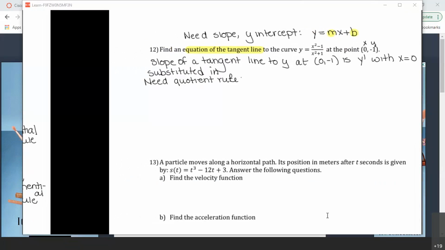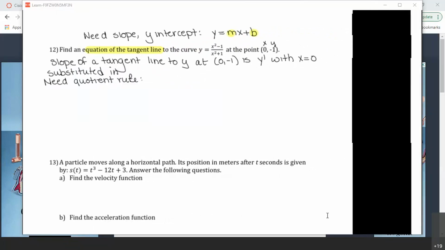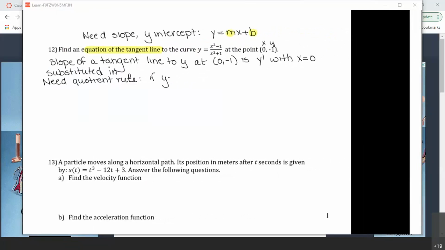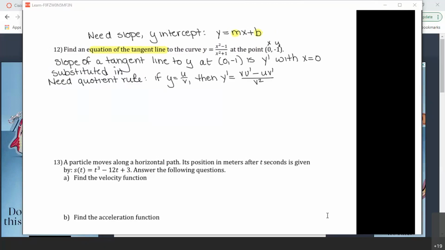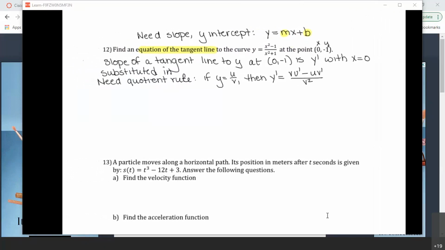So if y equals u over v, then y prime equals, and then just write the pattern down, v times u prime minus u times v prime over v squared. So there's my quotient rule.